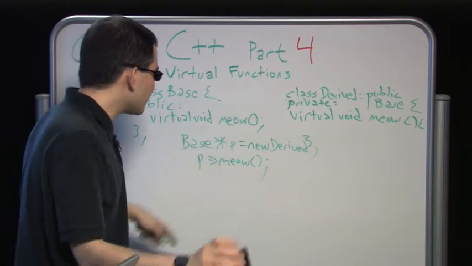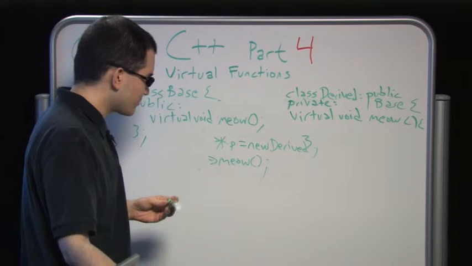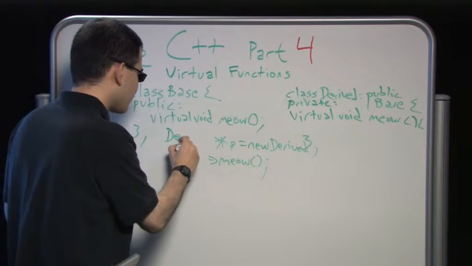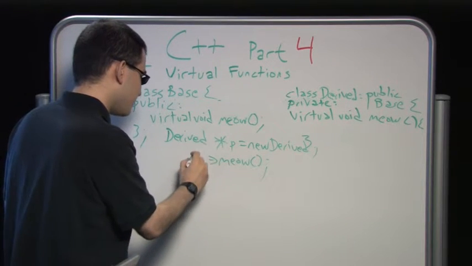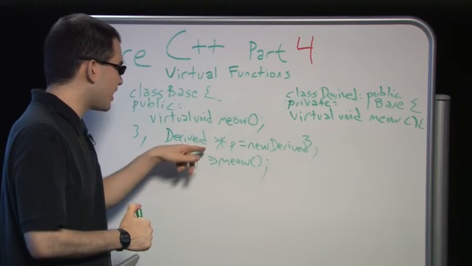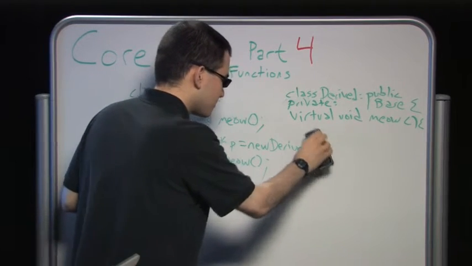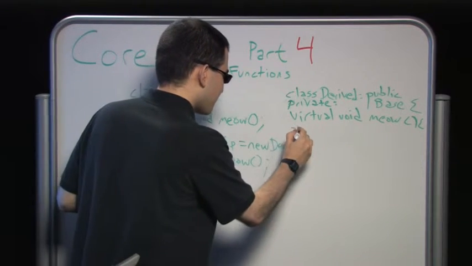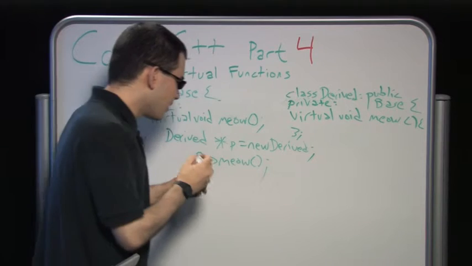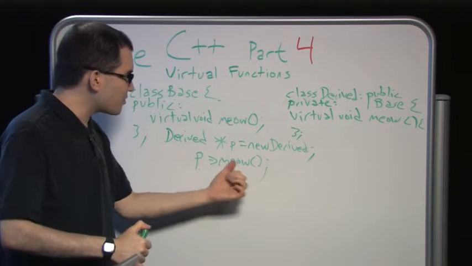However, this setup here will prevent this code from compiling. Again, the compiler will say, okay, you've got a new derived and derived star p, and you're attempting to invoke meow on p.